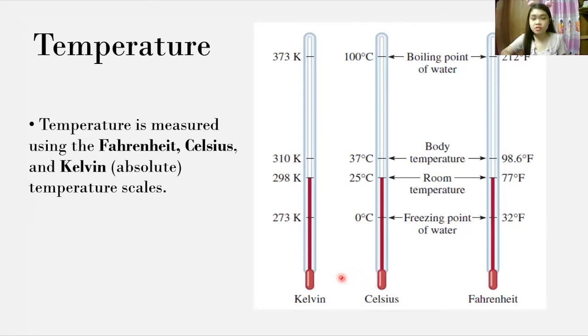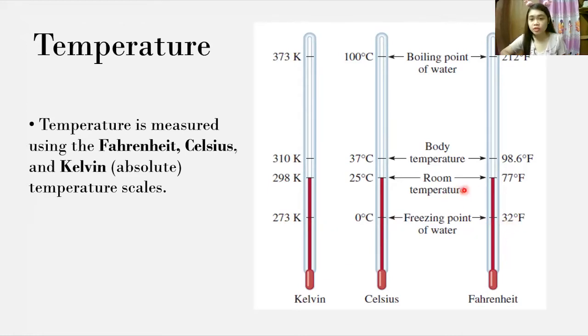So the change of 1 Kelvin is equal to the change of 1 degree Celsius. Here, as you can see, this reading is the freezing point of water. For Kelvin, the freezing point of water is 273 Kelvin, which is 0 degrees Celsius, and in Fahrenheit, which is 32 degrees Fahrenheit.